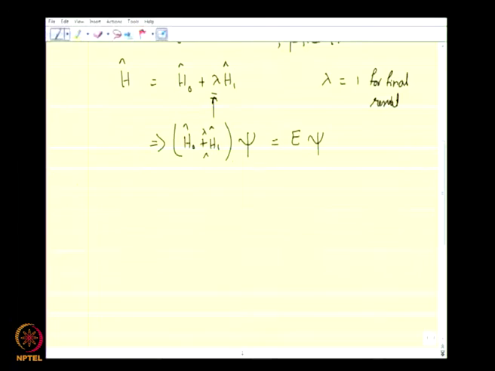So let us do that by first writing down what we are supposed to know before we proceed towards solving the problem.